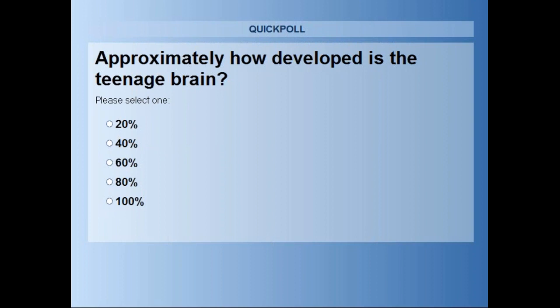Basically, I want to know approximately how developed is the teenage brain? So how close is it to an adult brain? Is it 20%, 40%, 60%, 80%, or 100% developed? So we'll just wait for your responses to come in.